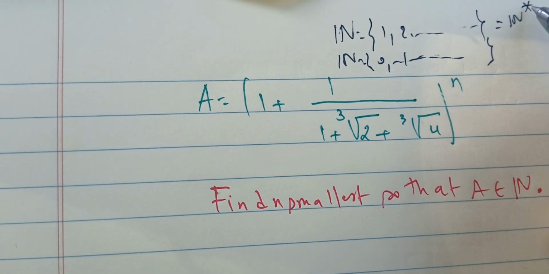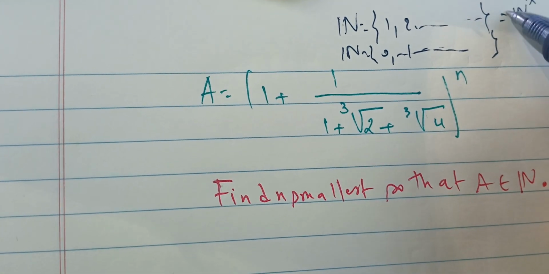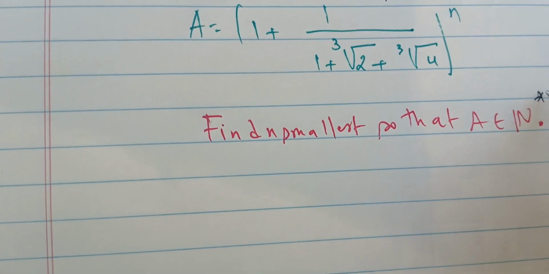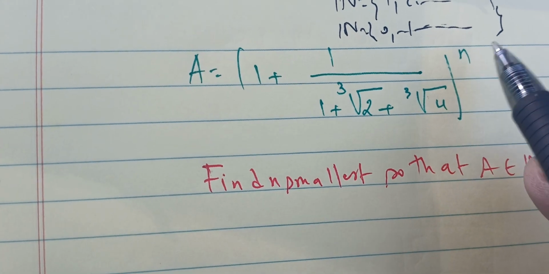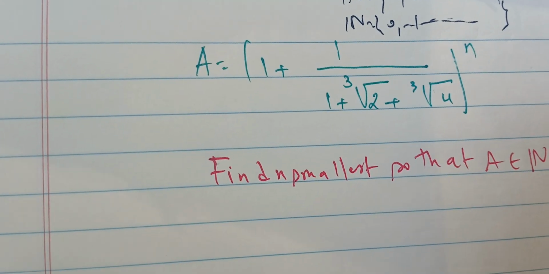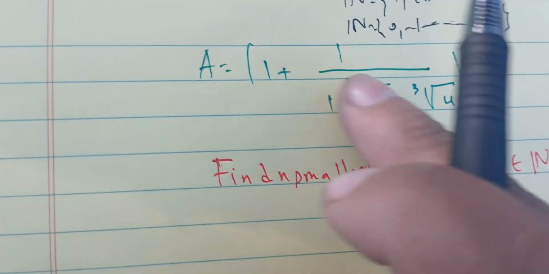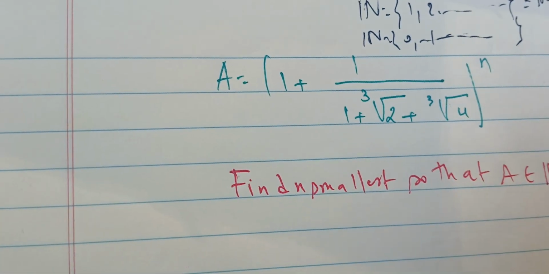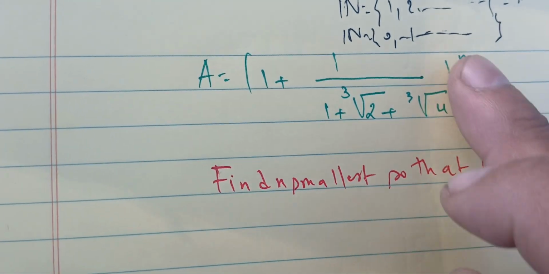Here this is noted as ℕ star. We're going to assume n is in ℕ star because n equals 0 is trivial: raising to the power 0 gives 1. So let's assume n is not 0.